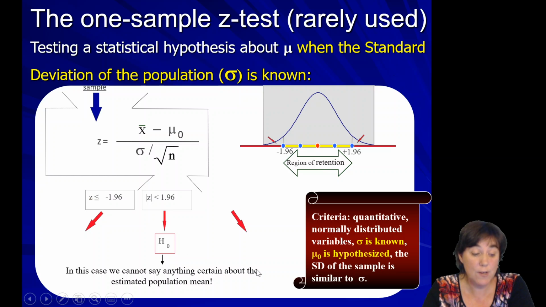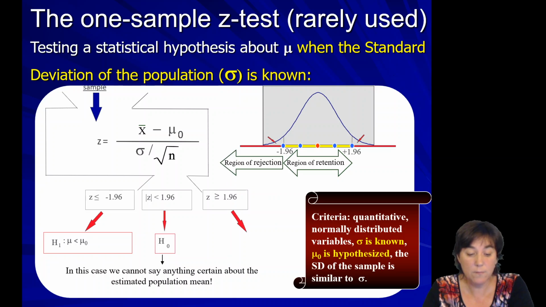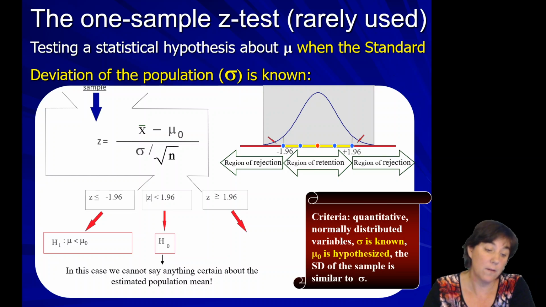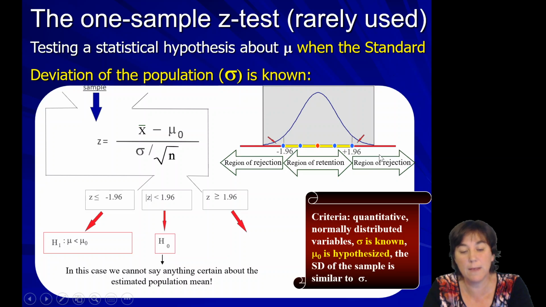But if we can reject it either on the minus end or the plus end, then we have something to say. Either that the estimated population mean of this specific sample who did the training is significantly lower, this part, or significantly higher, the other part.